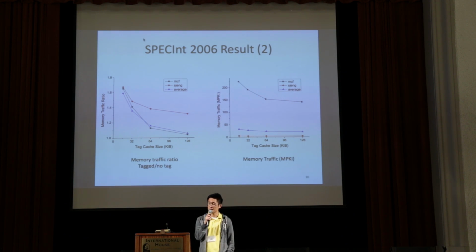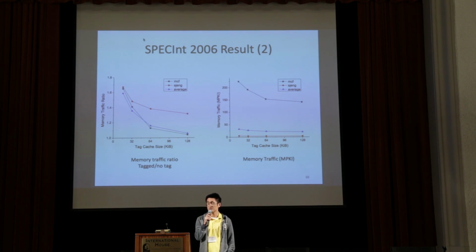The figure on the left side shows you the memory traffic, normalized as a ratio compared with the one that doesn't use the tag cache. In the perfect situation we would get a ratio near 1, which means the tag cache doesn't increase much traffic. The figure on the right side shows you the actual absolute memory traffic of the different cases.